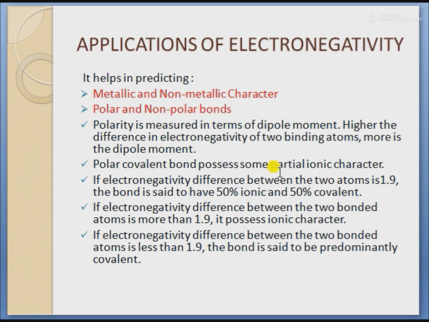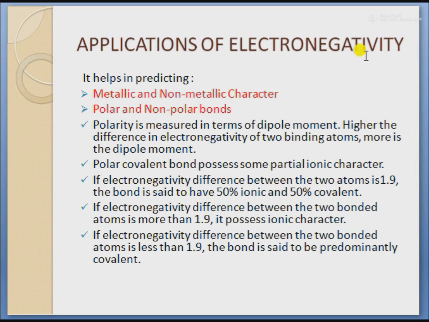Next are the applications of electronegativity. Electronegativity helps in predicting metallic and non-metallic character. Metallic character means the tendency to lose electrons, and non-metallic character means the tendency to accept electrons.